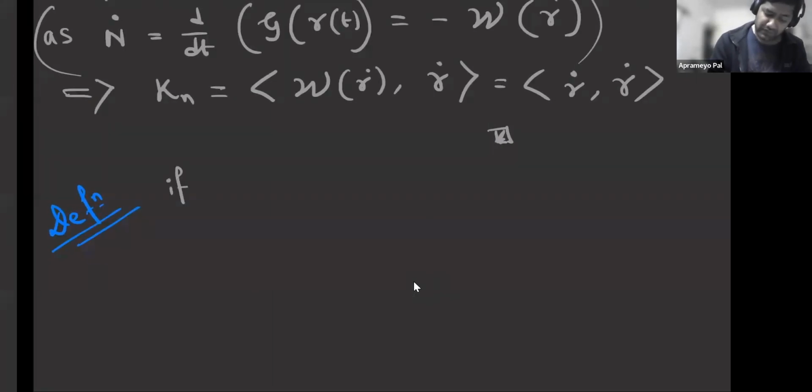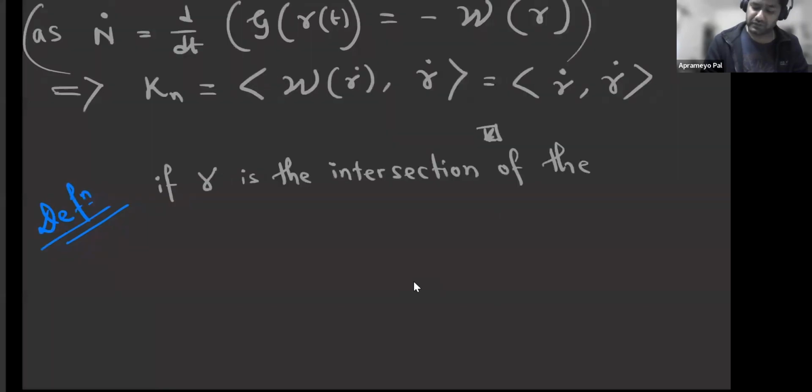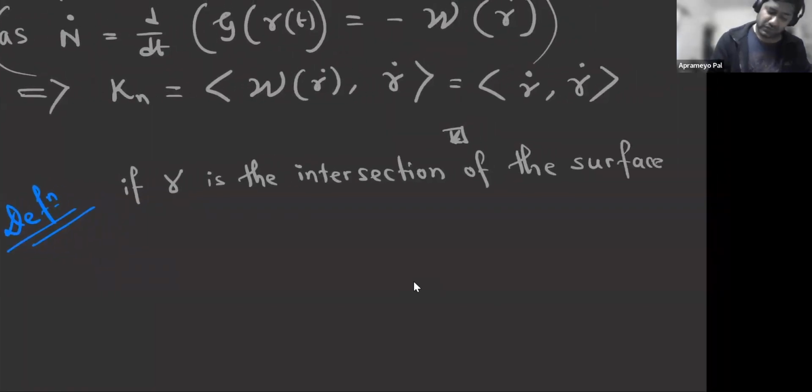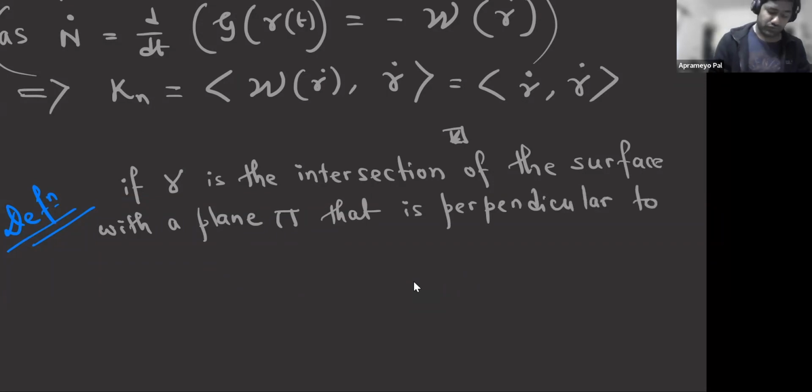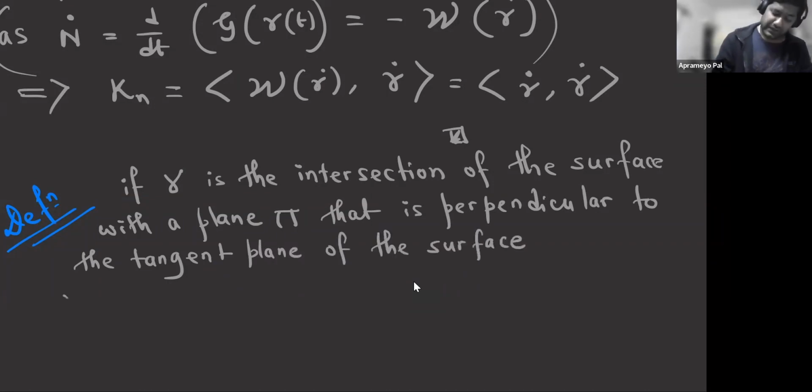If gamma is the intersection of the surface with a plane that is perpendicular to the tangent plane of the surface at every point of the curve, then I will draw a picture, then it will be more clear.